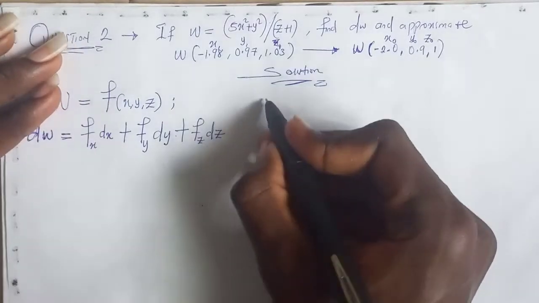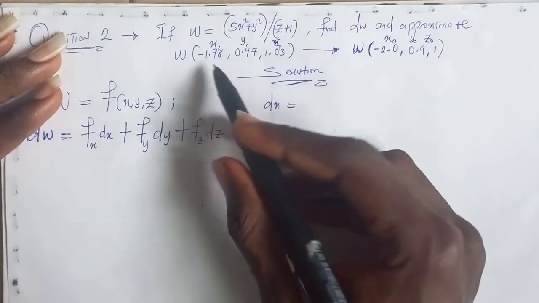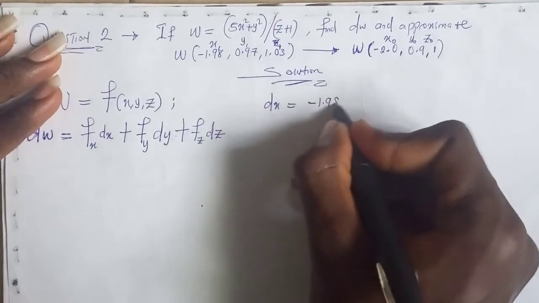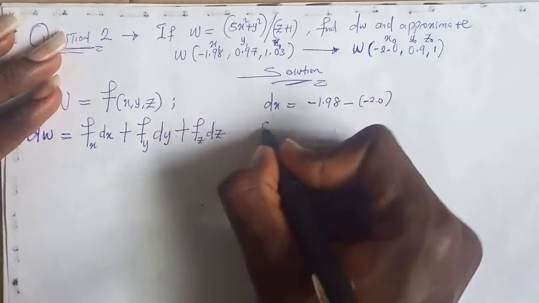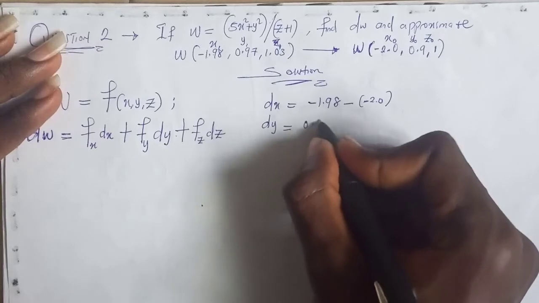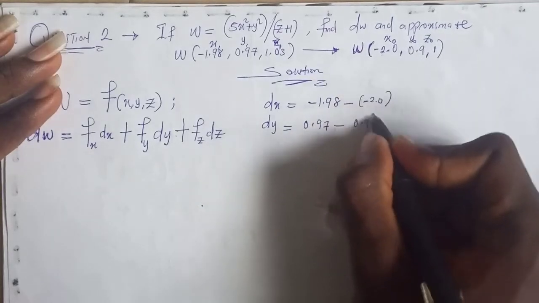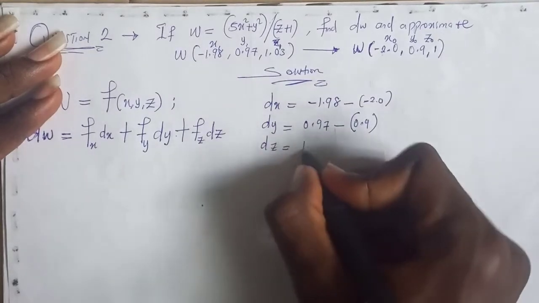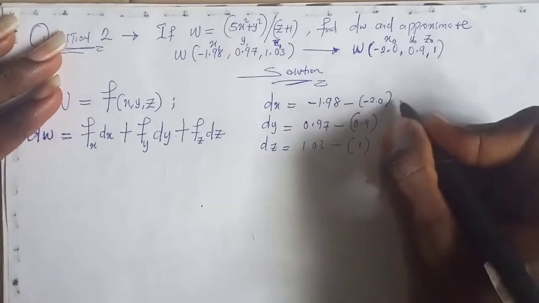If I want to find dx, it simply implies the final minus the initial, which is minus 1.98 minus minus 2.0. At the same time, dy is the final y1, which is 0.97, minus the initial guess I started with, which is 0.9. And dz is equal to 1.03 minus the initial guess for z, which is 1.